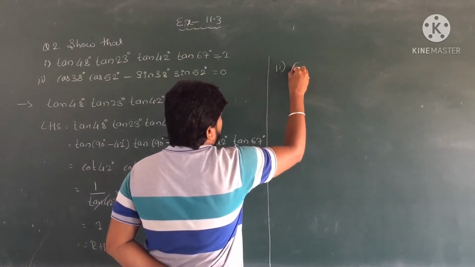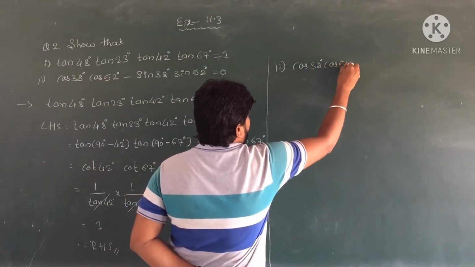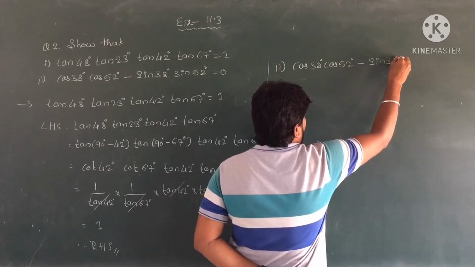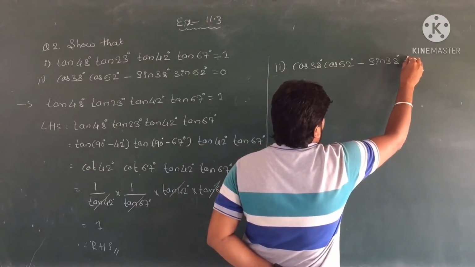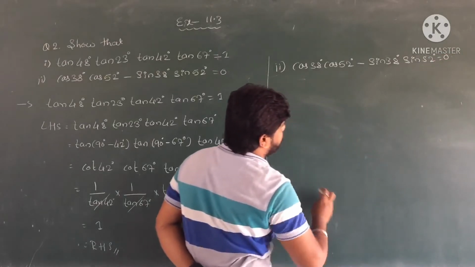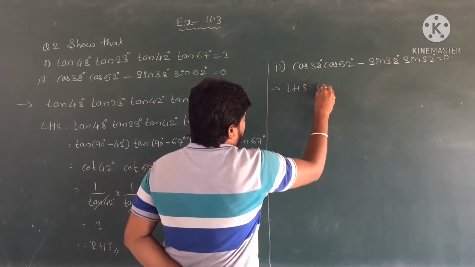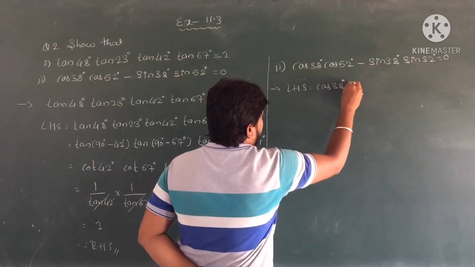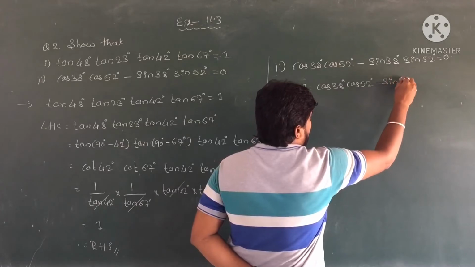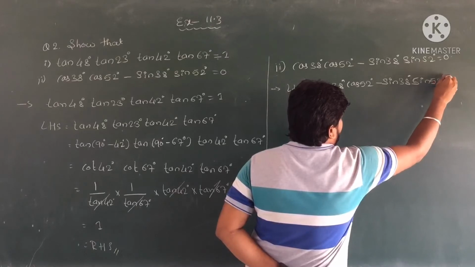What is that second one? Cos 38 cos 52 minus sin 38 sin 52 is equal to 0. So here first write down the LHS: cos 38 cos 52 minus sin 38 sin 52.